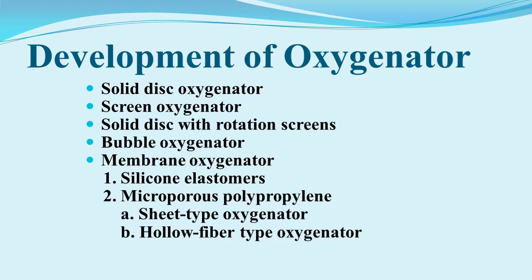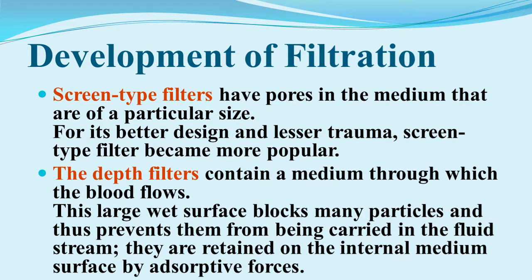The oxygenator is composed of a disc oxygenator, screen oxygenator, solid disc rotating screens, bubble oxygenator, or membrane oxygenator, which could be of silicone elastomers or microporous polypropylene. Filtration could be screen type, with pores in the medium of a particular size, or a better design with lesser trauma, so screen-type filters become more popular.